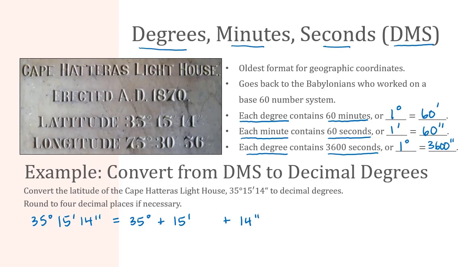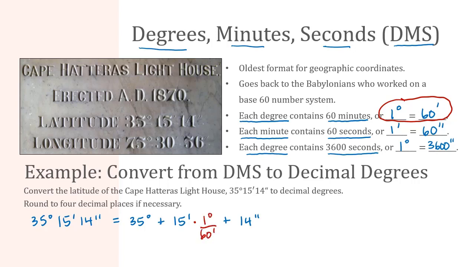Okay, so what I want to do, and you'll notice I put some space there, I want to convert the 15 minutes to degrees. So I'm going to use this first conversion factor of 1 degree equals 60 minutes. I'm going to multiply that by 1 degree over 60 minutes.